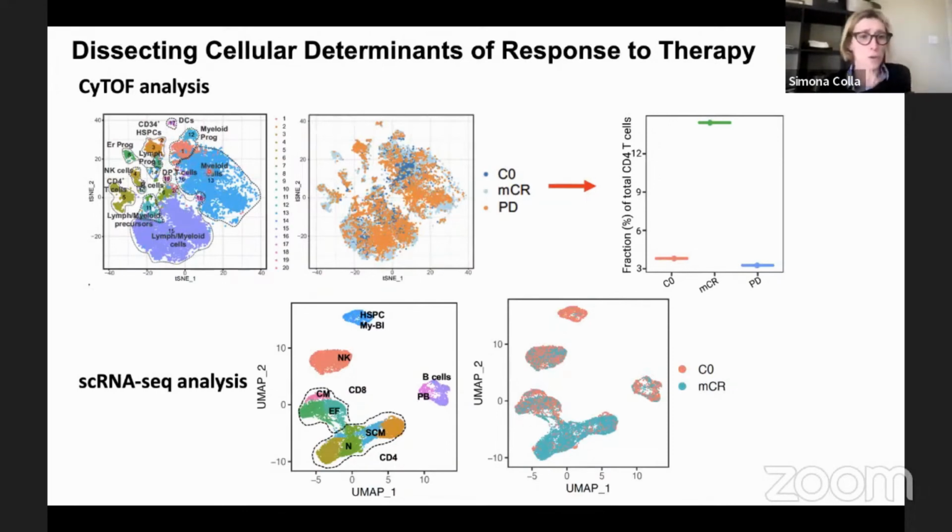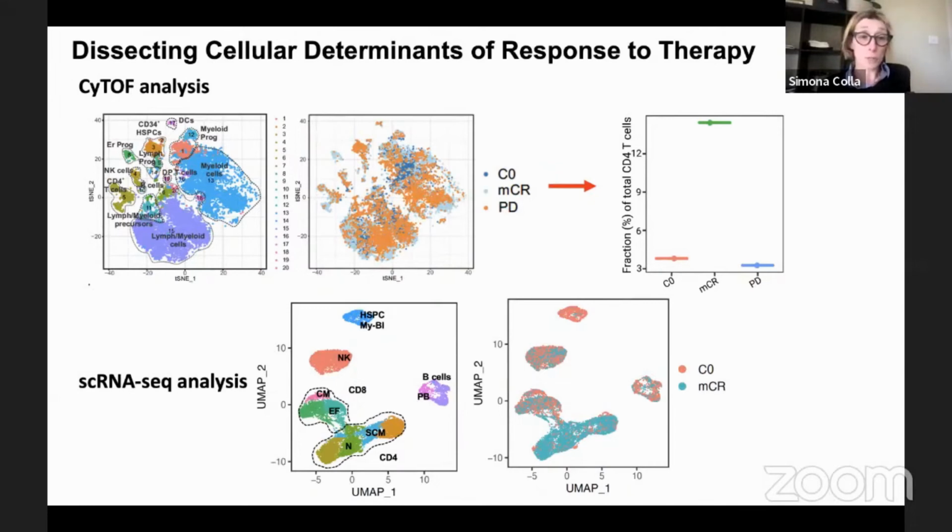What we found was very peculiar. We found that when patients achieve marrow complete remission, C0 is before therapy, cycle 0, before therapy. MCR means marrow complete remission, when the patient achieves remission thanks to the therapy. And PD is progressive disease, when the patient progresses again.